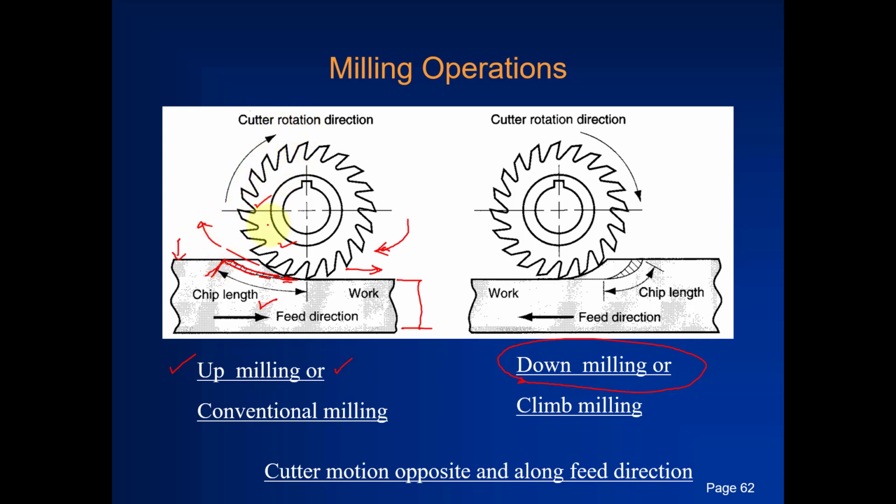So the life of the cutting tool will be affected. Again, you can see the length of the chip is increased, so more time for the engagement of the cutting tool with the workpiece, so cutting tool life will be affected.